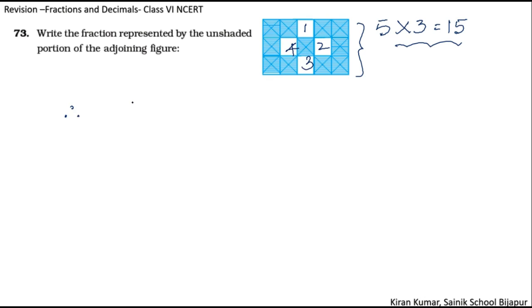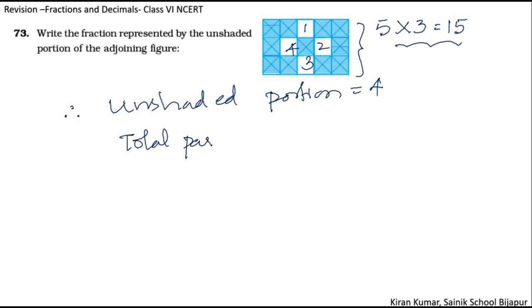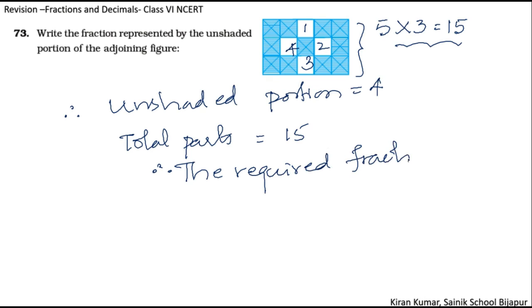Therefore, unshaded portion is 4. Total parts are 15. Therefore, the required fraction is 4/15.